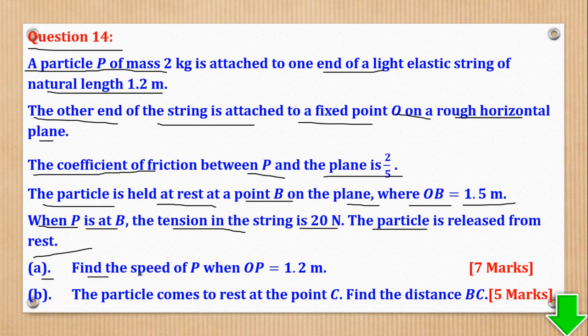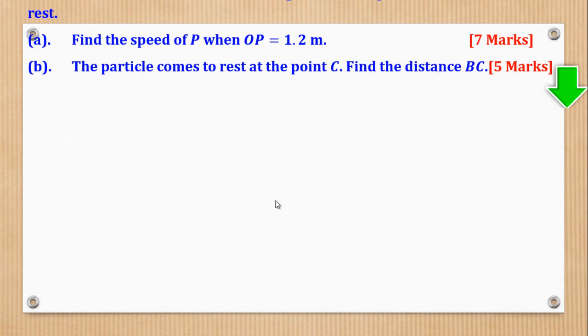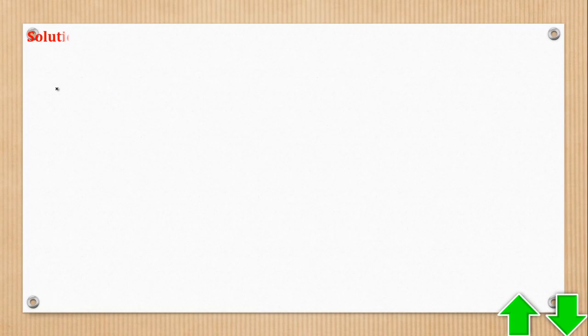Part A, find the speed of P when OP is 1.2 meters. And part B, the particle comes to rest at point C. Find the distance BC. So here, first of all, we are going to begin by making a sketch.